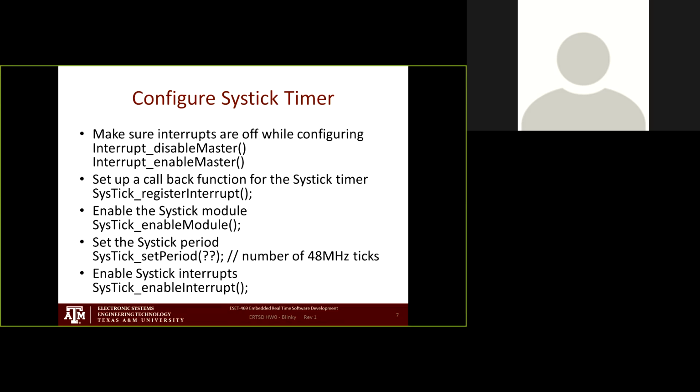It's not good for anything else. And it is part of the basic ARM architecture, so anytime you've got an ARM processor, there's going to be this concept of a SysTick. To set it up, you basically turn off the interrupts while you're configuring it, and then you're going to want to turn them back on.